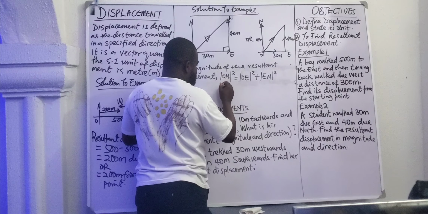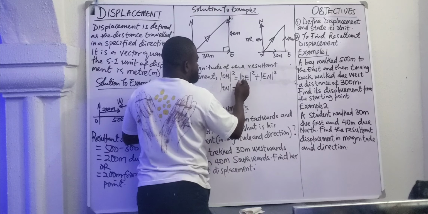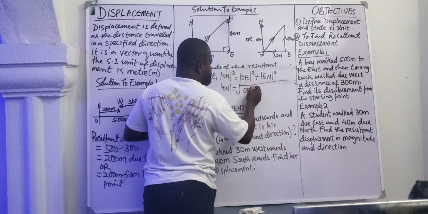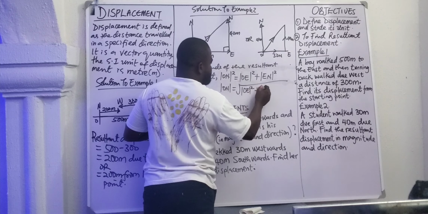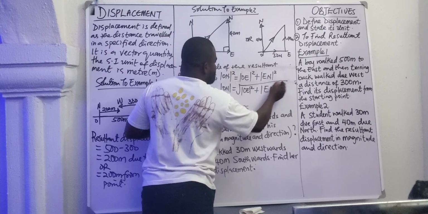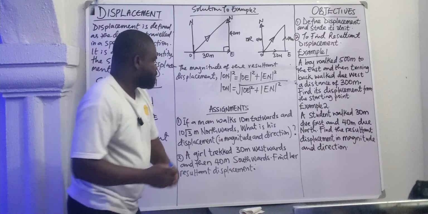So this is giving me straight up, ON is the square root of line OE squared plus line EN squared. I will substitute the values now.